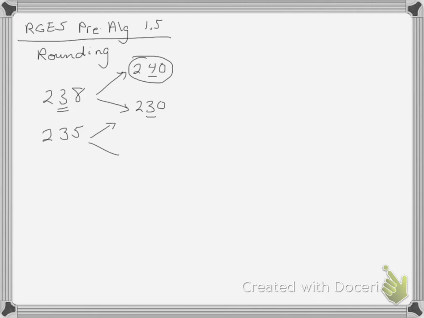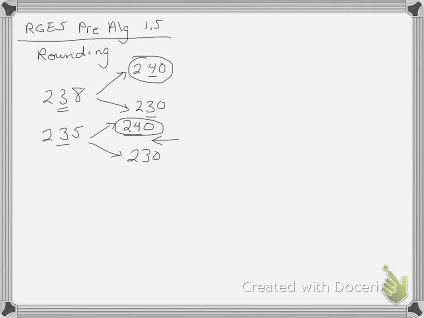Again, is that closer to 230 or 240 if I'm rounding to the tens place? Well, the funny thing about this example is 5 is smack dab in the middle. But we have a convention that says if it's 5 or greater, if it's right in the middle, round up. So the answer here would also be 240.